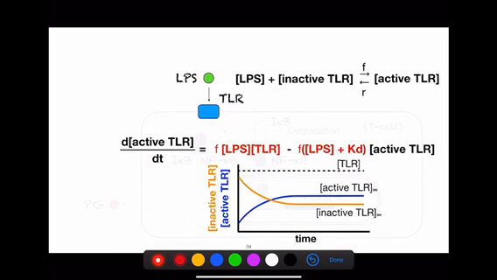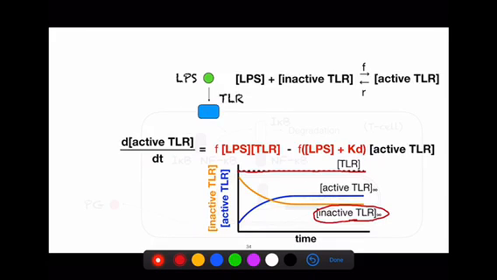Now, as you have already seen, TLR is composed of active TLR and inactive TLR. So the total amount of TLR will be conserved. This is constant. Basically, inactive TLR will be TLR minus active TLR. So we'll have this kind of relationship.